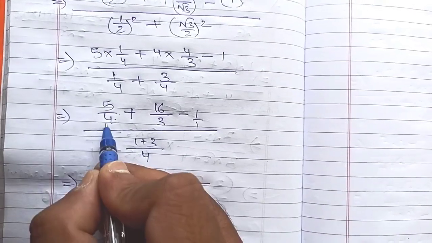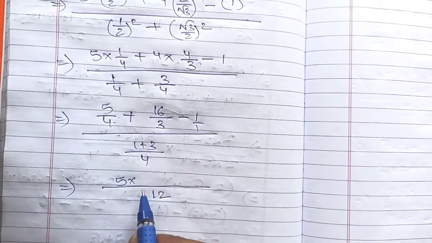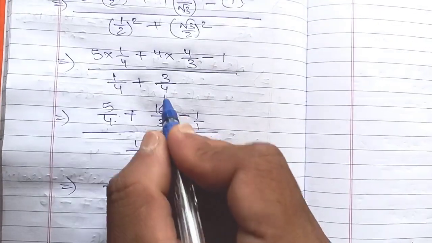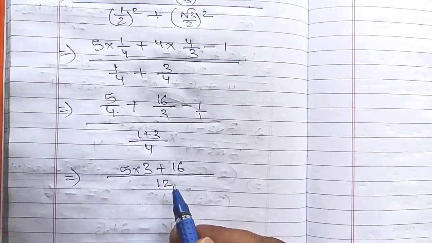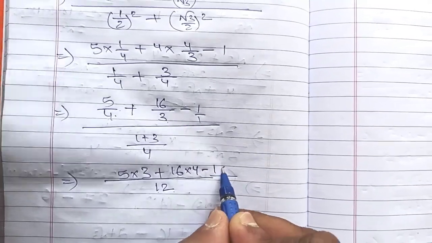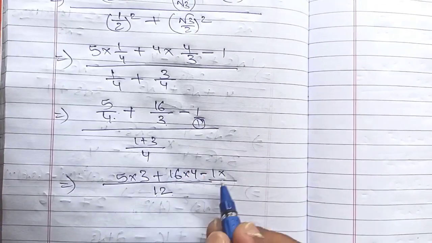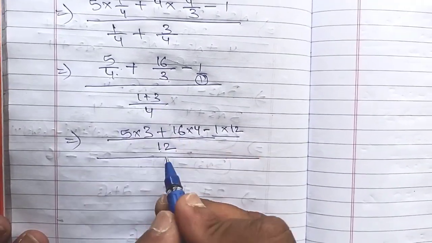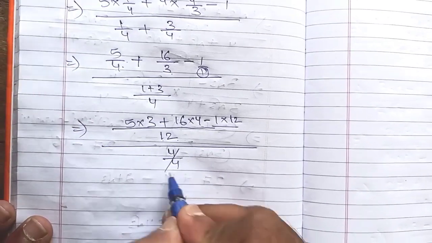Now 4 multiplied by 3 is 12, so that 3 we will multiply here. Write numerator as it is. 3 multiplied by 4 is 12, that 4 we will multiply here. 1 into, there is no denominator, that's why we will multiply the whole LCM 12, divided by 1 plus 3 is 4, 4 by 4, 1.